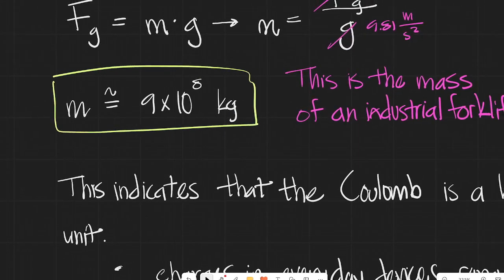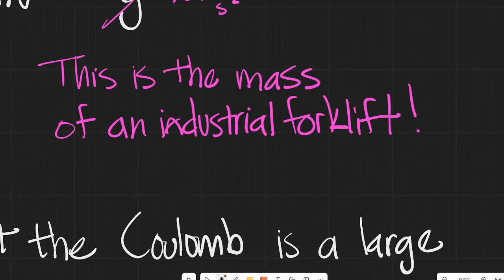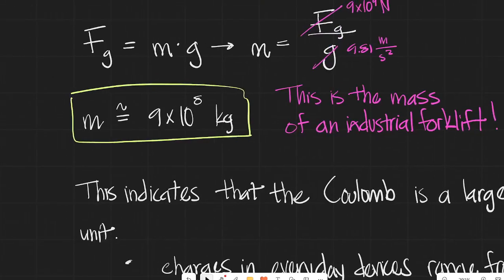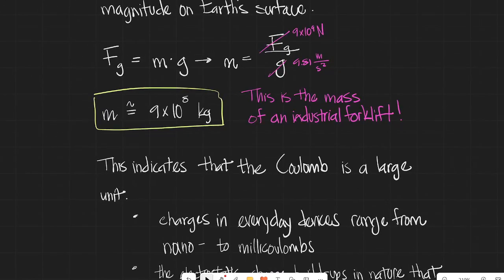You can do a Google search for what kind of things weigh that much. An industrial forklift weighs that much, and also large cranes used in high-rise building construction have a mass on the order of this magnitude.